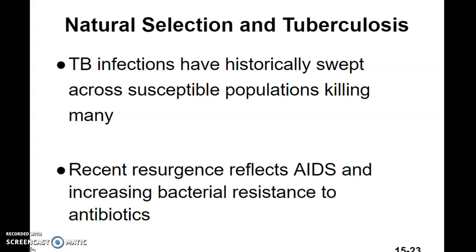So we see natural selection among the bacteria and viruses quite a bit. We've seen in TB, tuberculosis fairly often. It's probably one of the largest all-time killers of humans. Flu will actually kill more people in a year, but over time, tuberculosis probably beats it out.